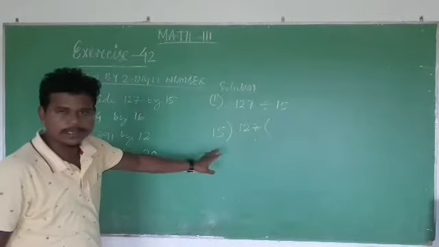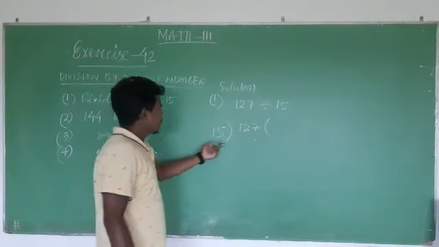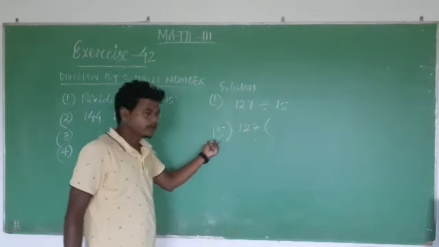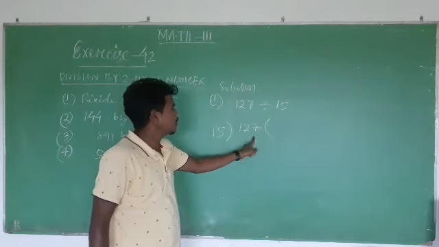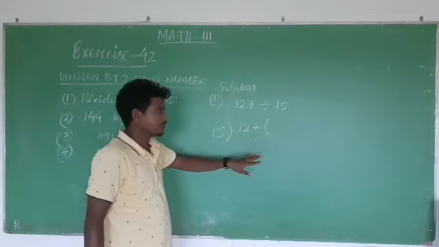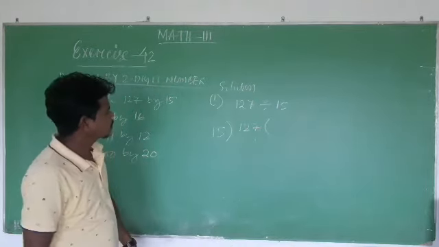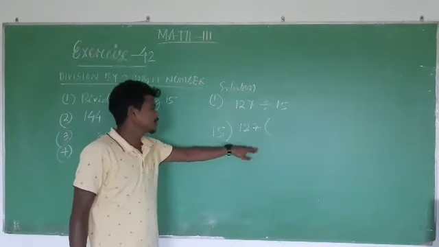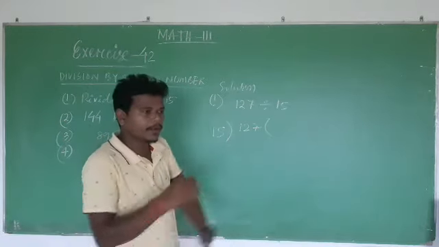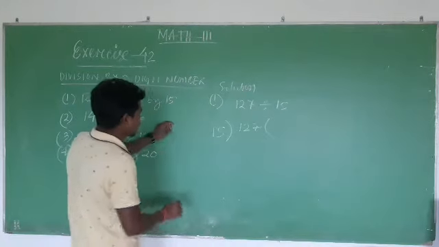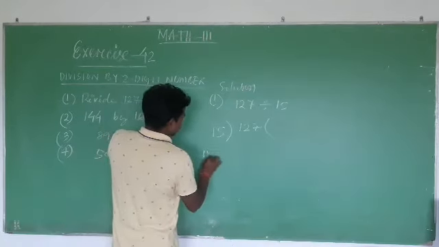Okay, like this we will divide. This is 15 and this is 12. Okay, 12 is smaller than 15. So here we will consider all three digits. Now in the tables of 15, in which table is 127 coming, or any number near to 127? Okay, that is 15.